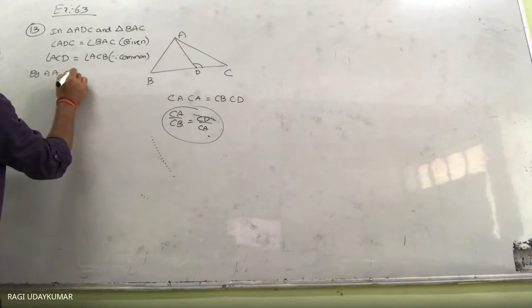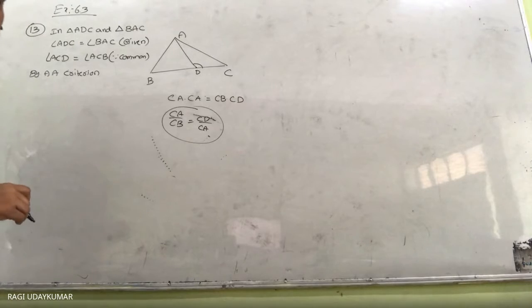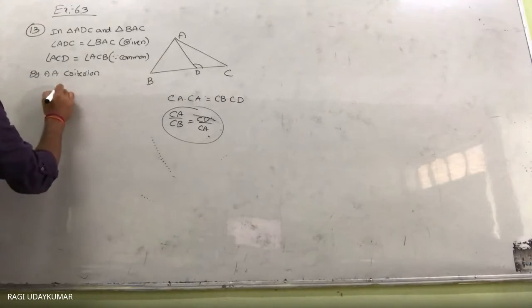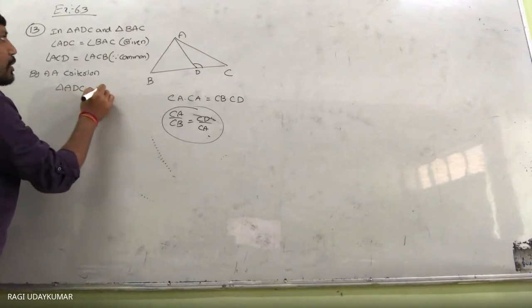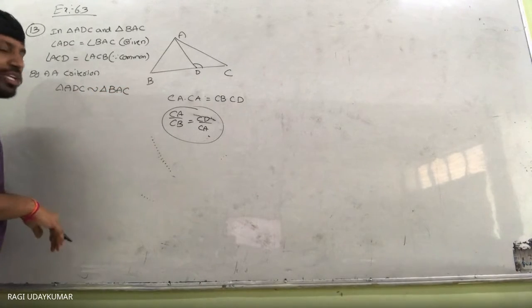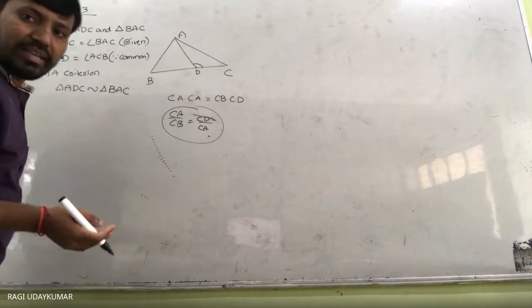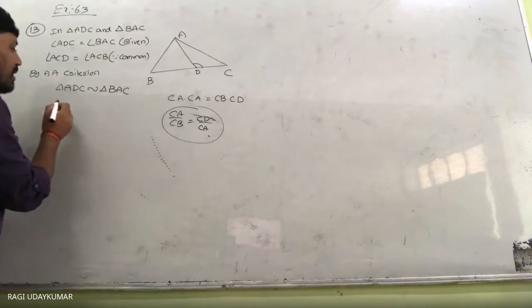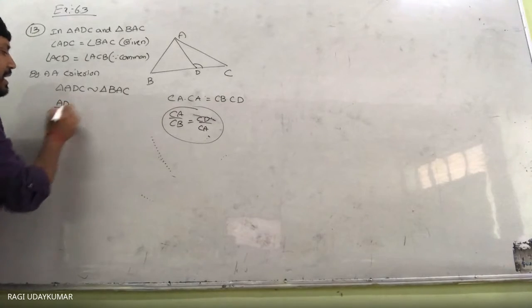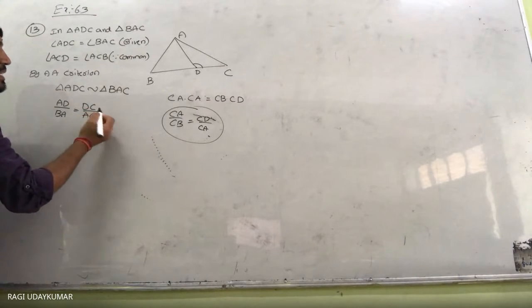So very simple here, by AA criterion, triangle ADC is similar to triangle BAC. Now write the proportionality here. When two triangles are similar, their corresponding sides are in proportion. Corresponding sides proportionality, we need to take AD by BA is equal to DC by AC.